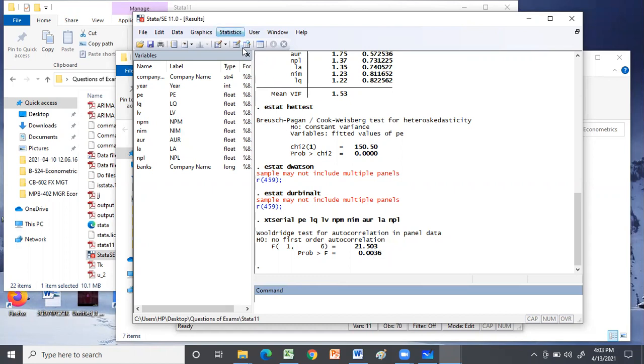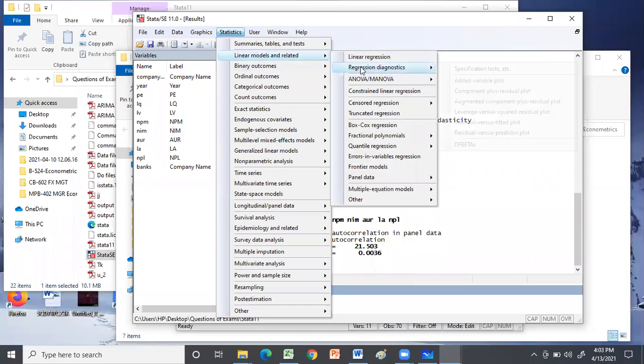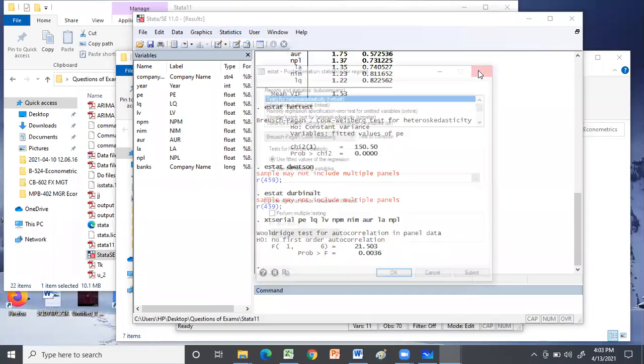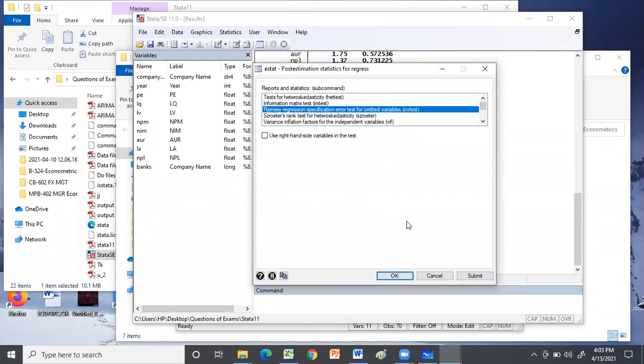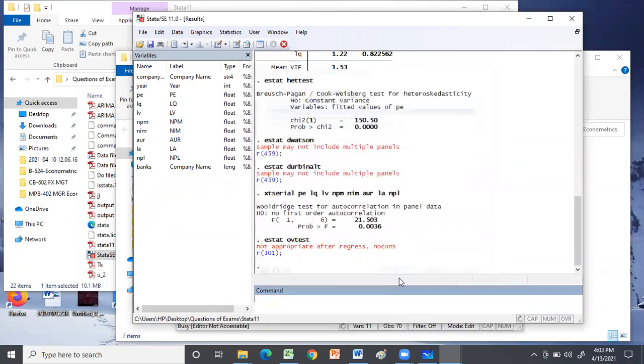Another thing you can also do for model specification test is the regression error specification test for omitted variables. Here, the omitted variable test will not be appropriate for the panel data set.